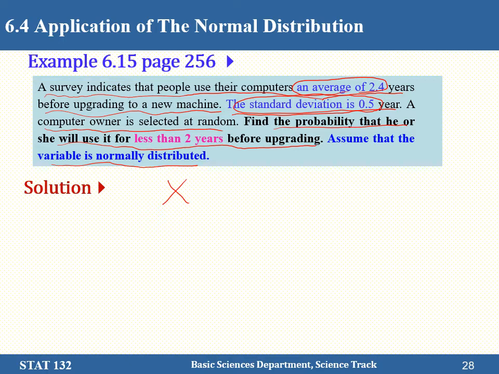So when you look at this information, a survey indicates that people use their computers an average of 2.4 years before upgrading to a new machine, and the standard deviation is 0.5 years. So it means X is the number of years.